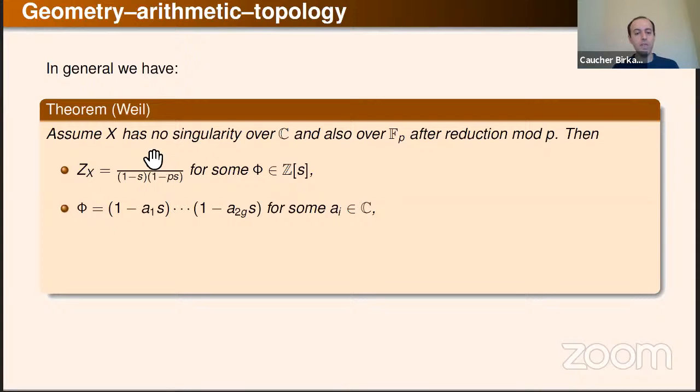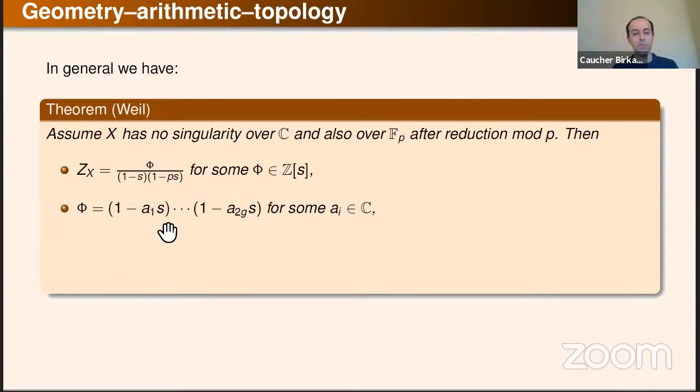Moreover, this polynomial that appears here upstairs, you can decompose it over the complex numbers because it has only one variable. This is the fundamental theorem of algebra. And if you decompose it, you can write it in this way for elementary reasons. It will be like (1 minus a1 times s) times (1 minus a2 times s) and so on, for some complex numbers ai.